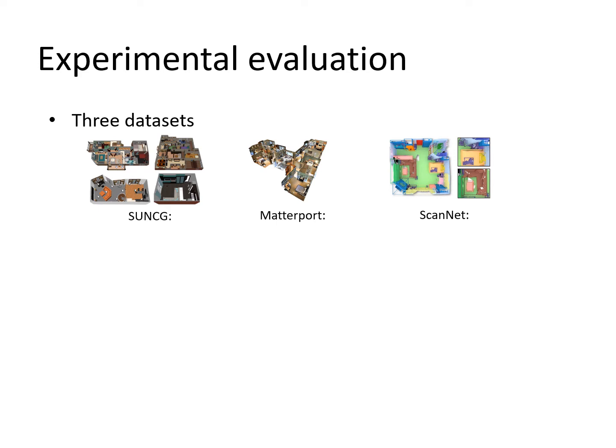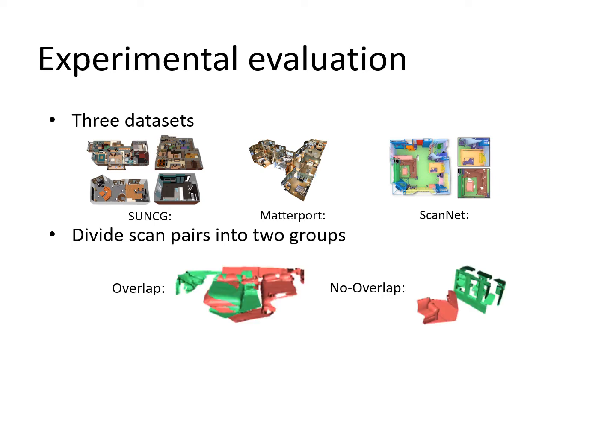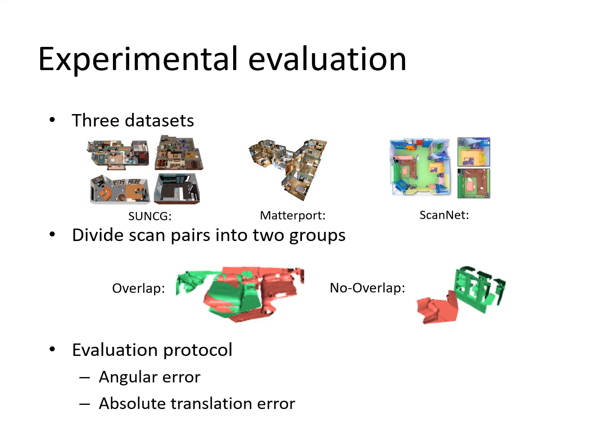ScanNet contains real scans. We divide scan pairs into 2 groups, namely overlapping scans and non-overlapping scans. Experimental evaluation considers both angular error for the rotation and absolute translation error.